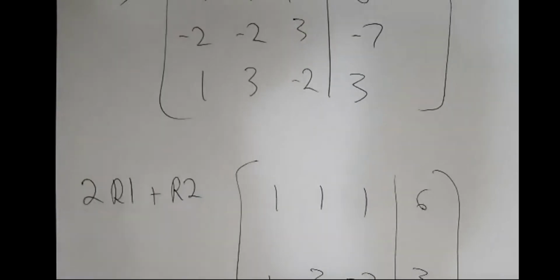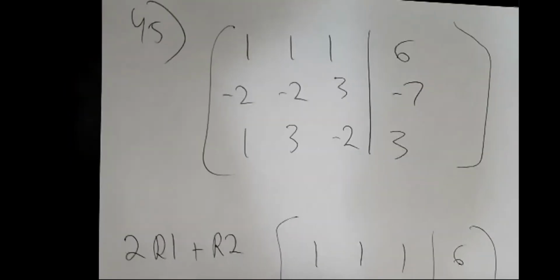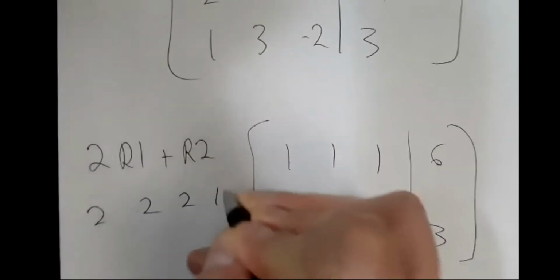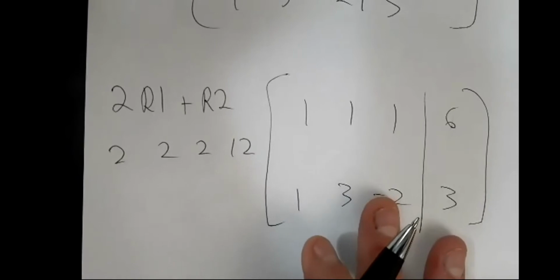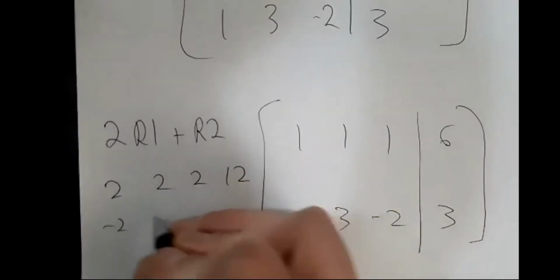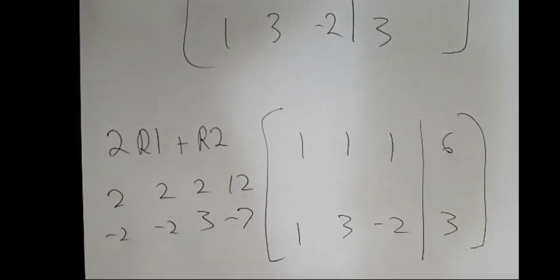Did anybody get these numbers for 2 times row 1 plus row 2? So I guess I can write out the numbers. We're going to do 2, 2, 2, 12, and we're going to add that to row 2, which is -2, -2, 3, -2, -2. If you have to write out these numbers, do yourself a solid, write out the numbers.